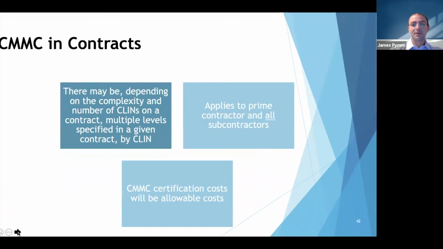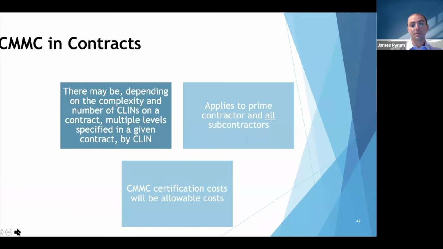So this is where things are starting to get a little bit more gray, and we'll cover more in our slides, but CMMC and contracts, how is this actually going to function? It is possible that depending on the complexity and number of CLINs in a specific contract, a prime and subcontractors might not all need to be on the same level. And most likely this is going to be dependent on who is possessing the data, as Harry talked about. If you have CUI that you're putting on your systems, it is likely that you will need to be at least level 3.